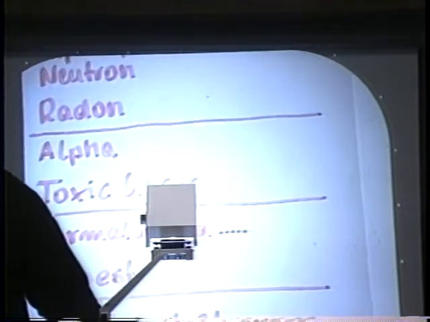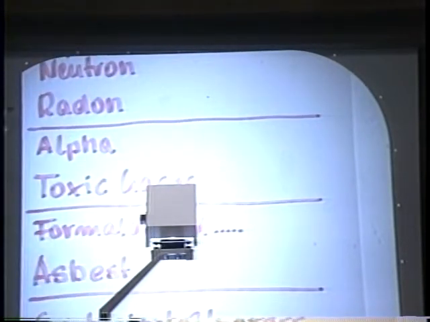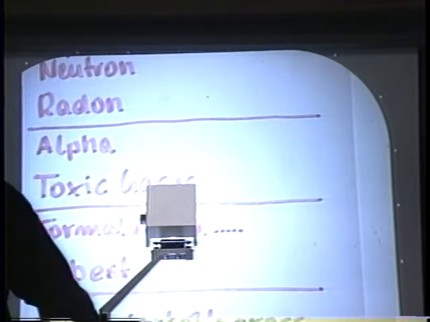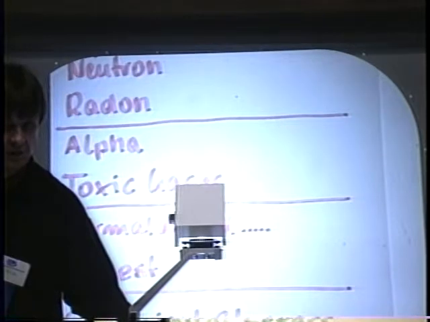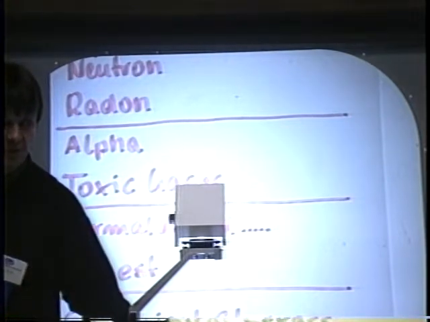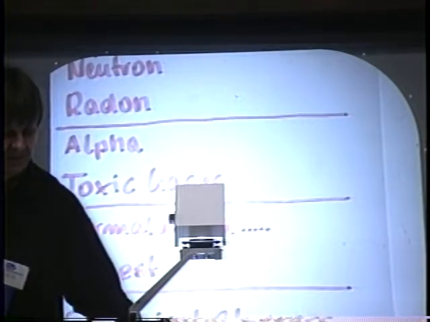The follower of radioactivity, especially of alpha radioactivity, is radon. You know about that a lot in America. In Germany, it's not as common or as fashionable as it is in America.